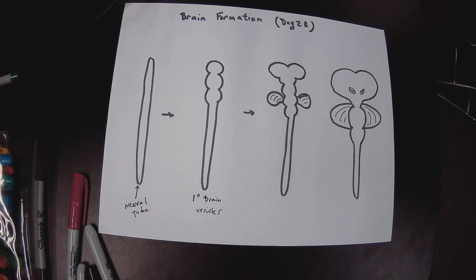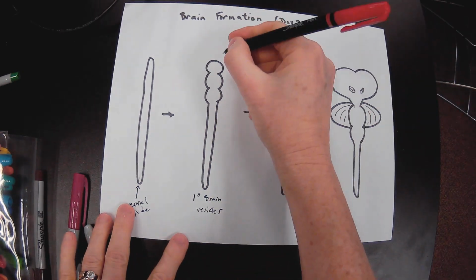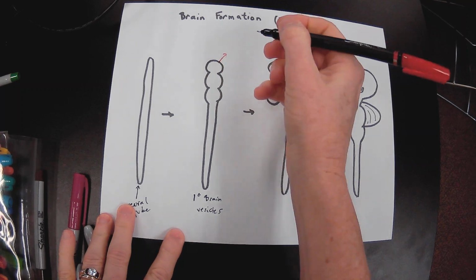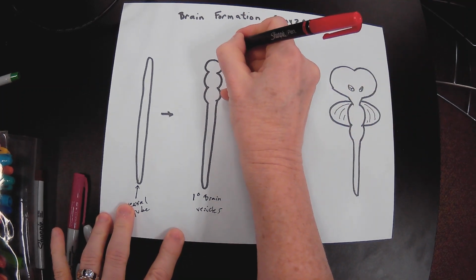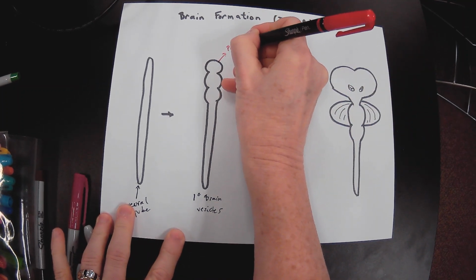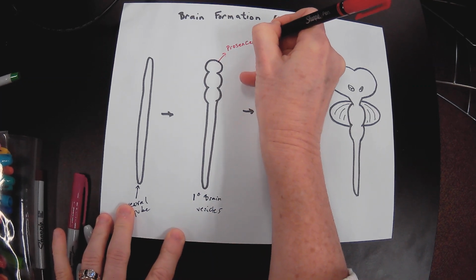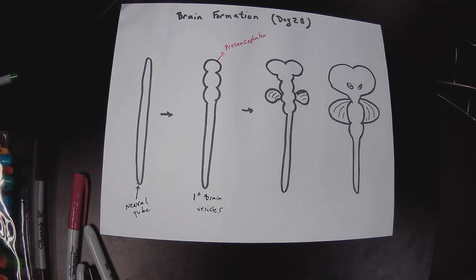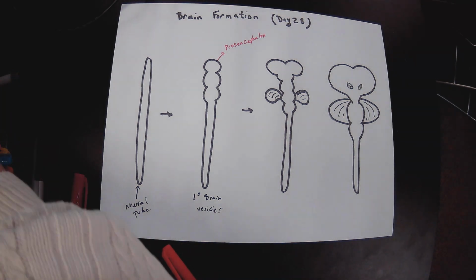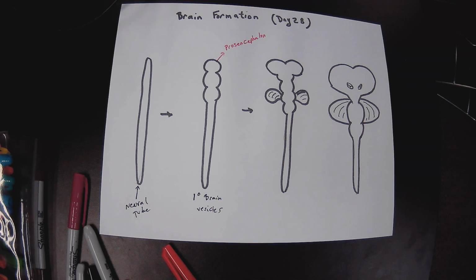The first one, most anterior, is called your prosencephalon. So your first primary brain vesicle is your prosencephalon.